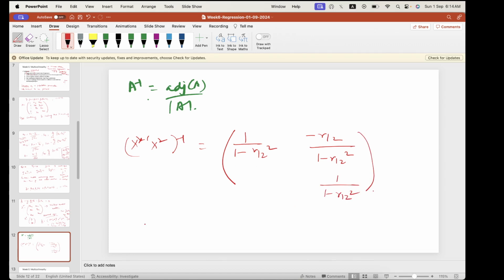Then beta hat would be this matrix into r1y and r2y.